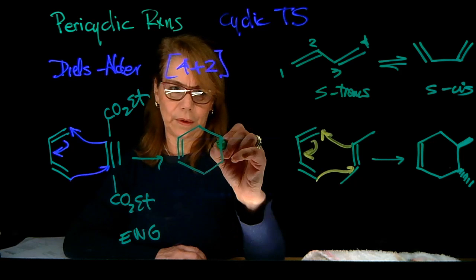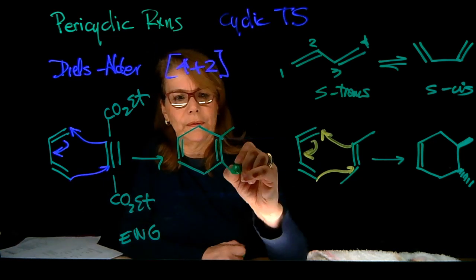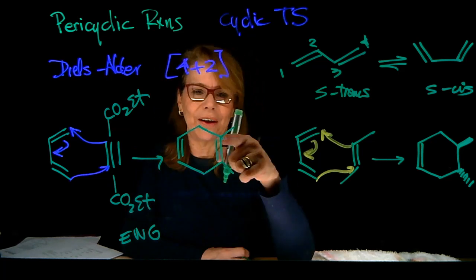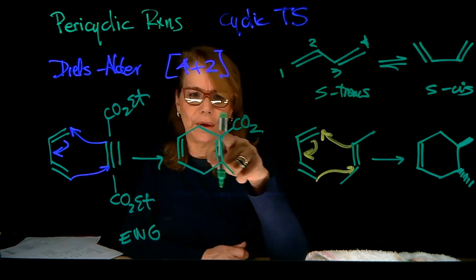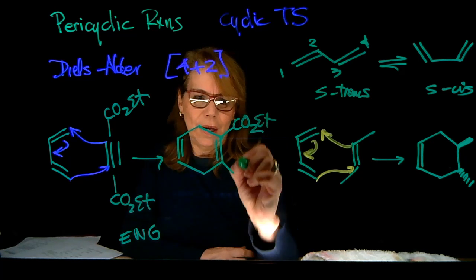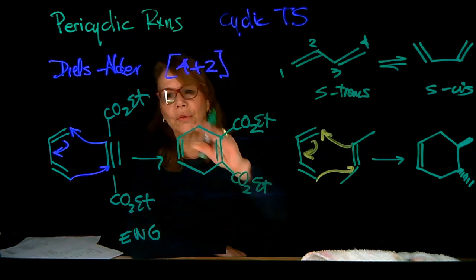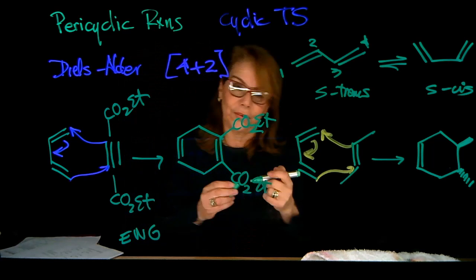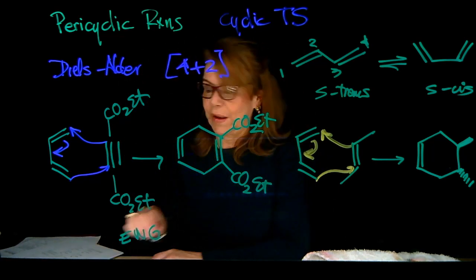The product will have this, and you no longer use wedges and dashes, because now it is sp2 hybridized. There was sp here and it went to sp2, and so you will have the 2 ester groups. We can use a variety of electron withdrawing groups, such as aldehyde, ketone, esters, and the reaction works more effectively.